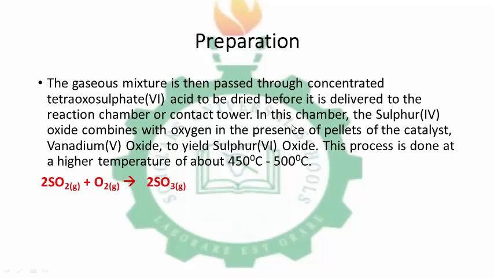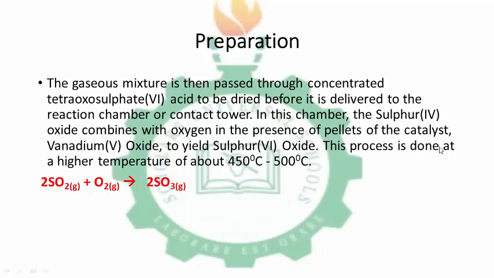Now, after drying, it is then delivered to the reaction chamber, or what we call the contact tower. In this chamber, the sulfur 4 oxide combines with oxygen in the presence of a catalyst, which is vanadium 5 oxide, V2O5, to yield sulfur 6 oxide.